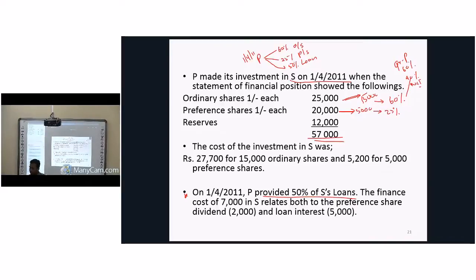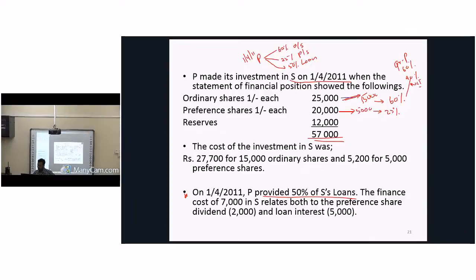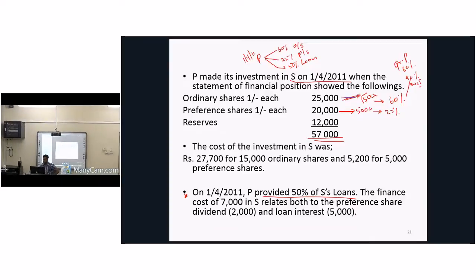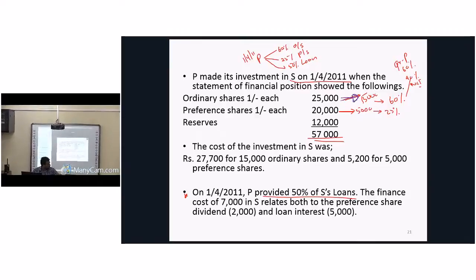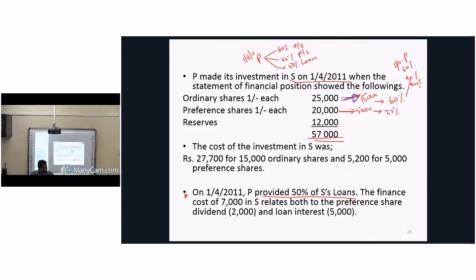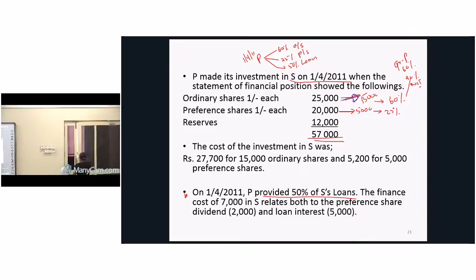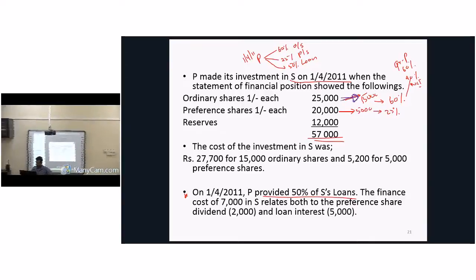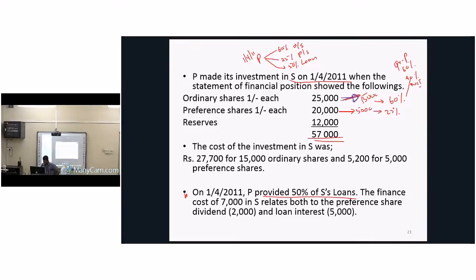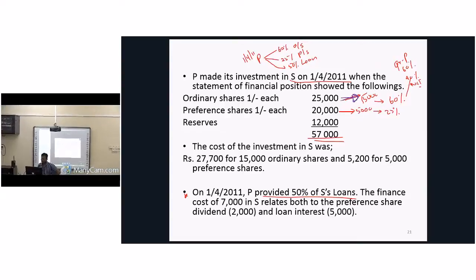With that you can calculate the acquisition percentage. Out of 25,000, you have purchased 15,000 shares. So 15 over 25 means 60%. It means ordinary share acquisition is 60%. Then S will become the subsidiary of parent.